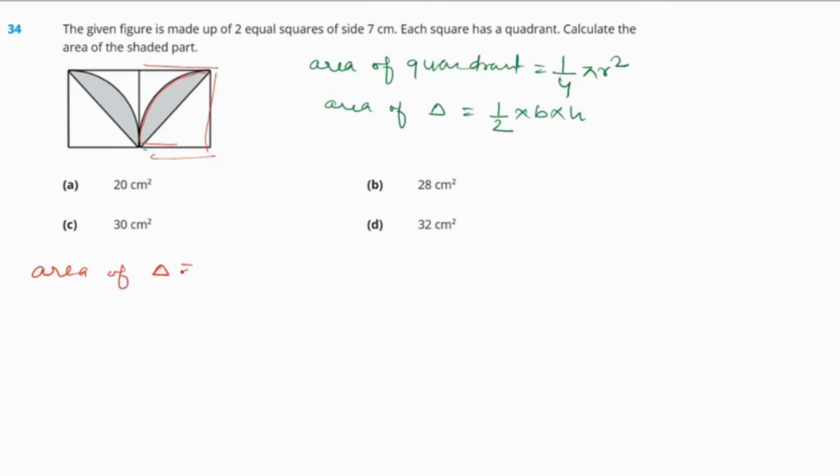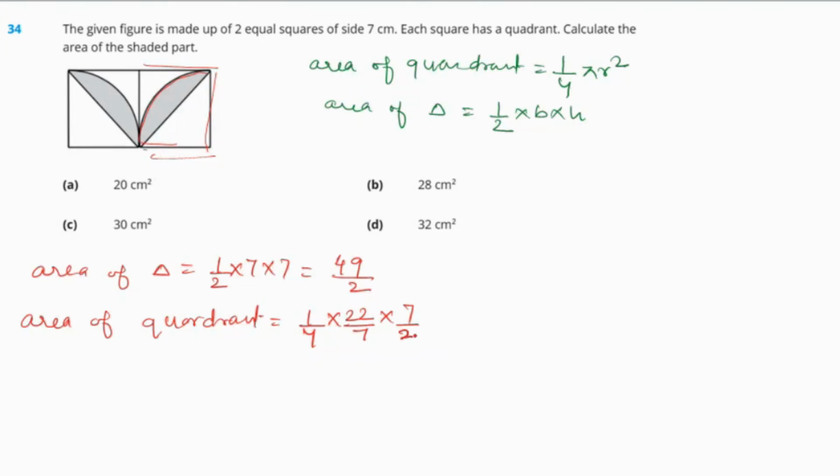So the area of the triangle is half into 7 into 7, which gives us 49 by 2. And the area of the quadrant is equal to 1 by 4 into 22 by 7 into 7 into 7, the radius is 7, not 7 by 2.